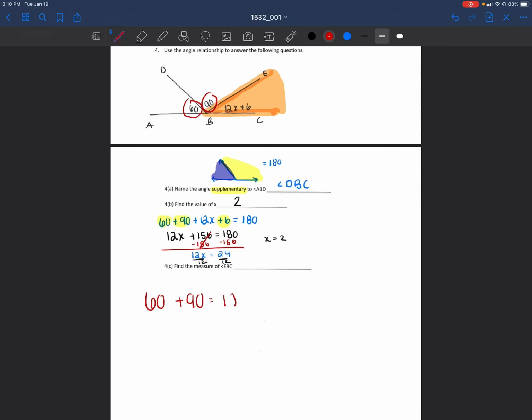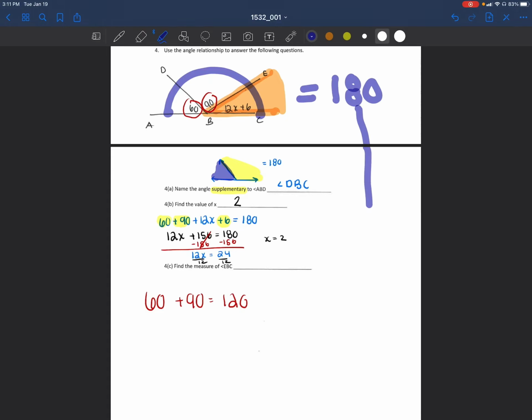All of that is 120. But the whole thing, so like from here all the way to C, is 180. So how much are you missing? If you already have 120, but you need 180, so 180 minus 120 is 60.